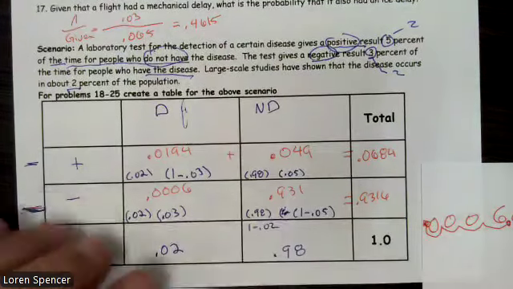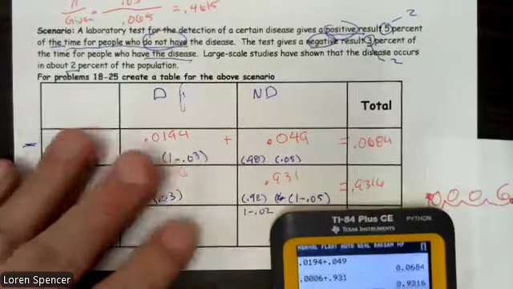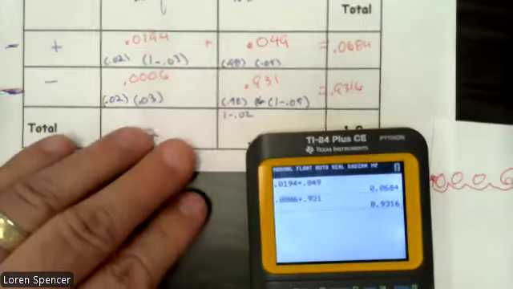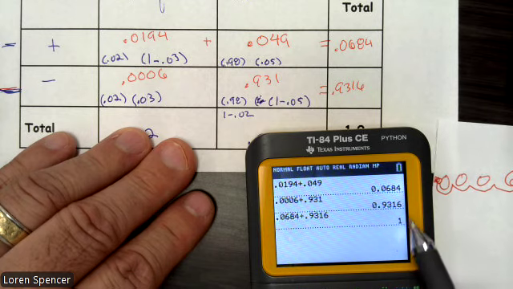All right, I should be able to add up these two numbers, and they should add up to 1. So let's check that out, to make sure we did everything correctly. 0.0684 plus 0.9316, that's 1.